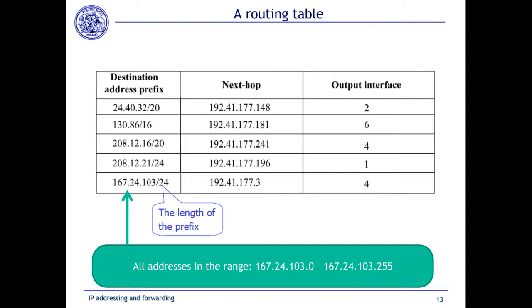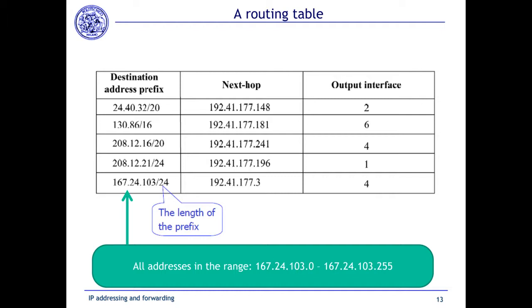For example, the entry that is marked there, that is 167.24.103/24, refers to a network prefix of length 24, and this means that it refers to this range of IP addresses going from the .0 to the .255.